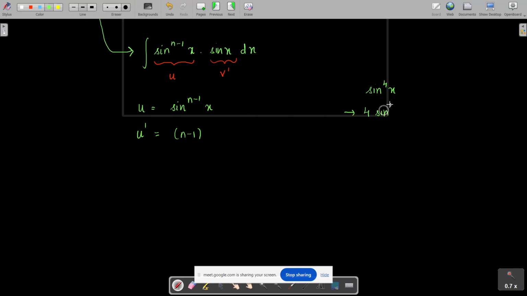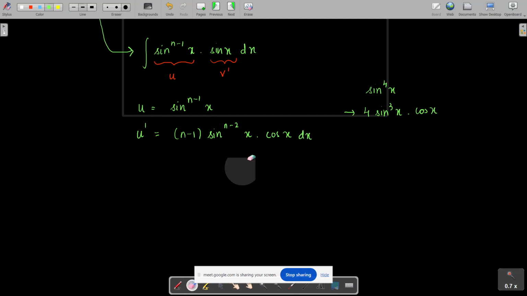So 4 sine cubed x times cosine x. Exactly. So this would be n minus 1 times sine to the power of n minus 2, times cosine of x dx. That was a mouthful.